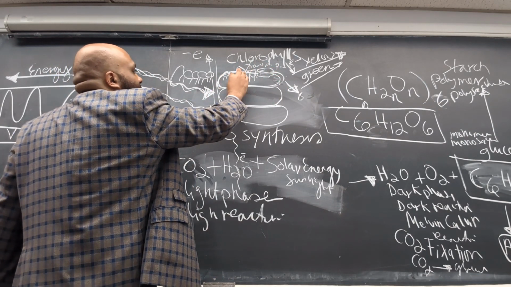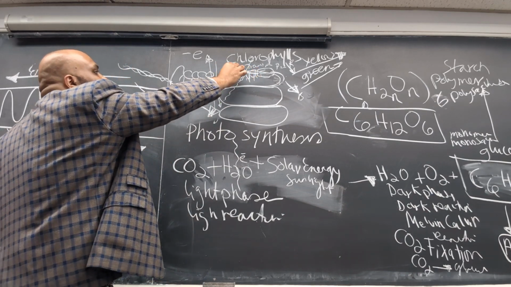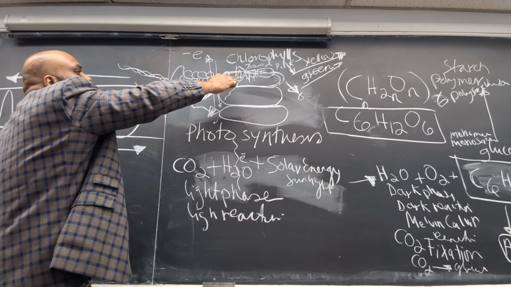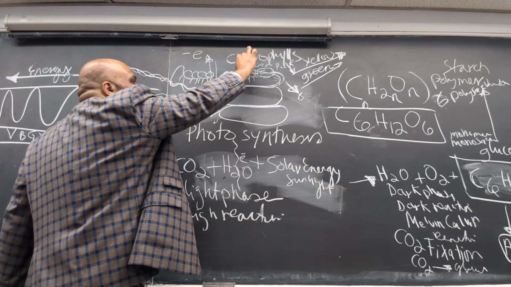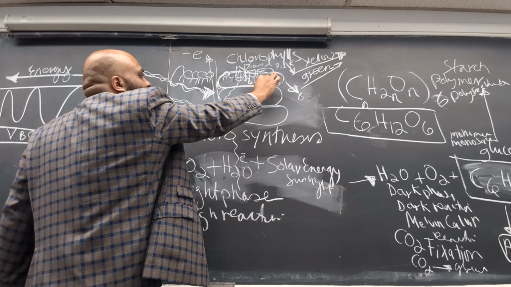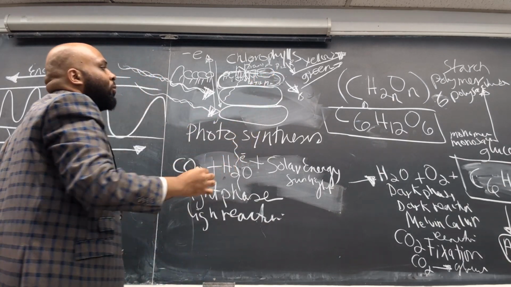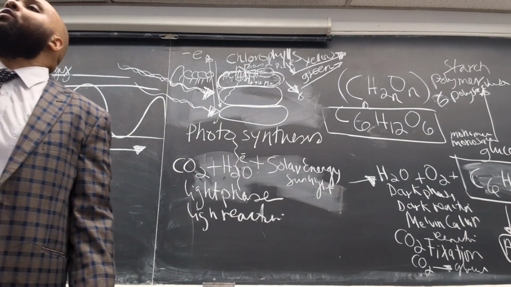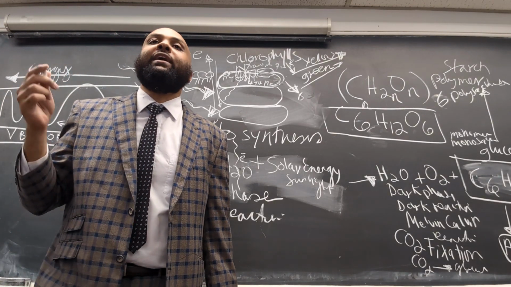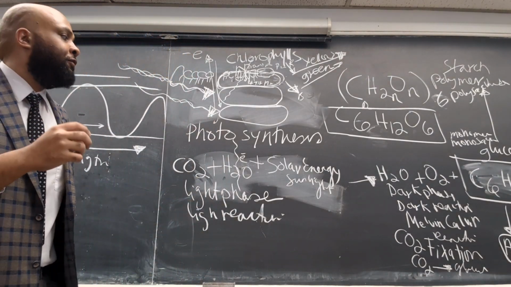So we have a thylakoid that has all these systems, and when the electrons move up, that is going to help the photosystem send hydrogen protons in the opposite direction. When these hydrogen protons are moving down the concentration gradient, they create a proton motive force.